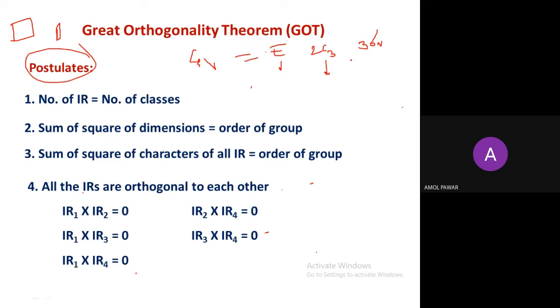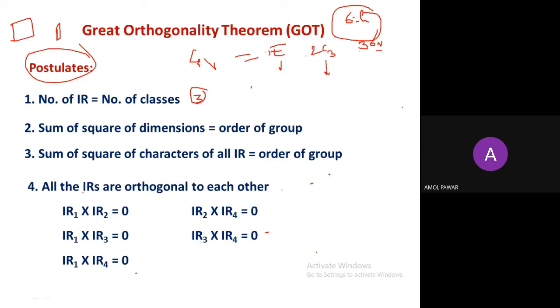Similarly, sigma V has one class: sigma V prime, sigma V double prime, and sigma V triple prime. So here class is 3. But order is 1 plus 2 plus 3. Order is 6. So h is equal to 6. Okay, order is 6 and class is 3.